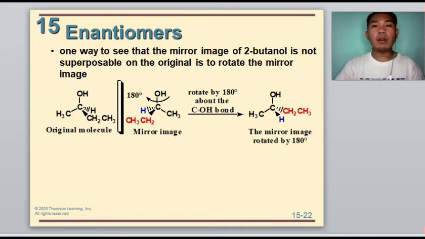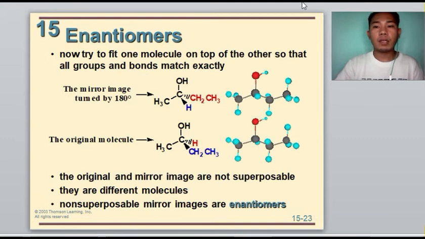Now, move the mirror image in space and try to fit it on the original molecule so that all bonds and atoms match. By turning the mirror image as we did, its OH and CH3 groups now fit exactly on top of the OH and CH3 groups of the original molecule. However, the H and the CH2CH3 of the two do not match.